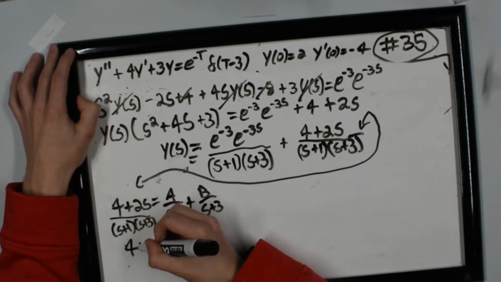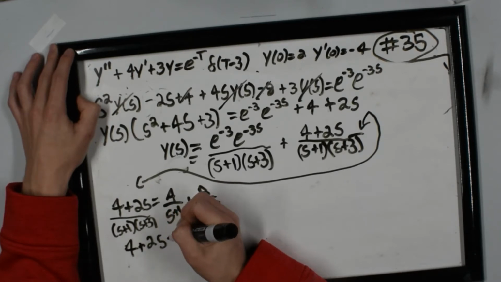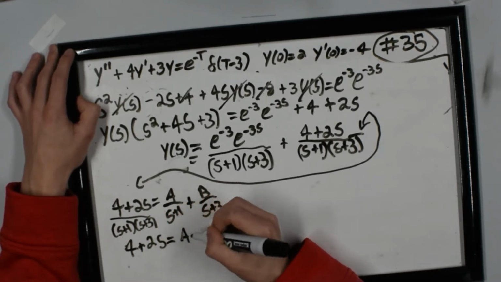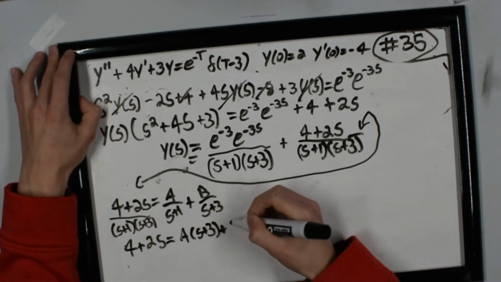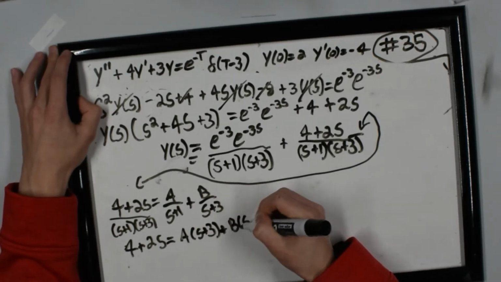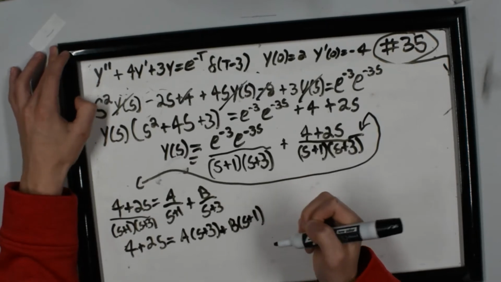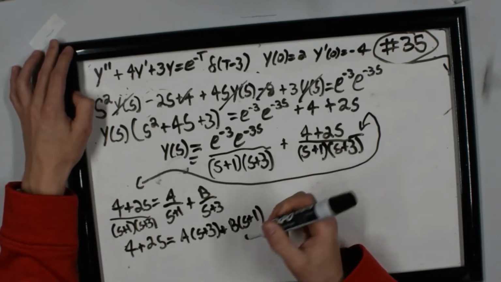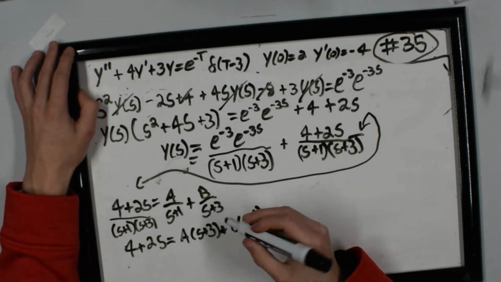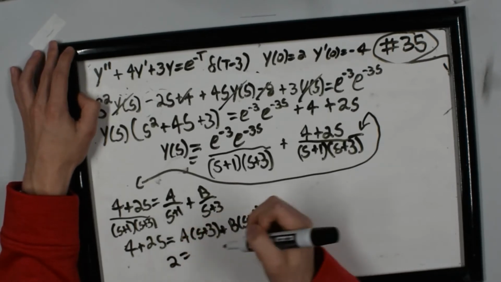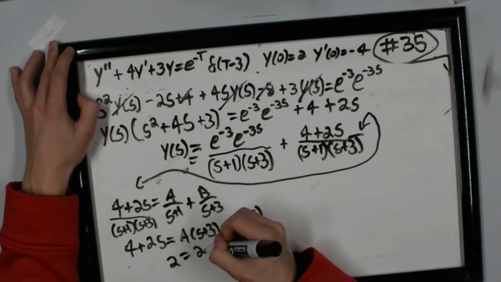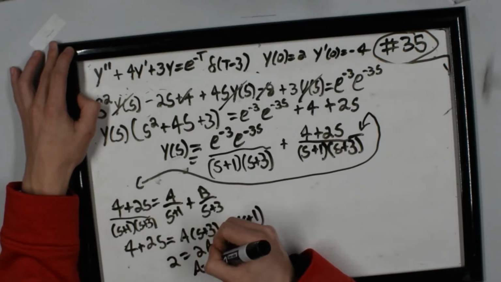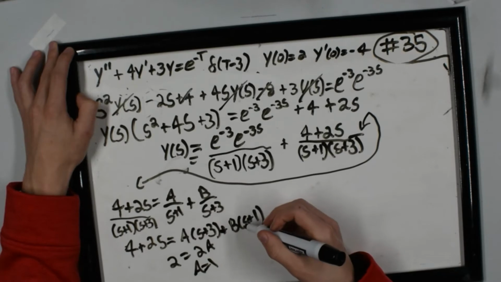Of course, just regular partial fraction procedure. Not too bad. A(s plus 3) plus B(s plus 1). So let's say s is equal to negative 1. We're going to get 2 is equal to 2A. So A is equal to 1.